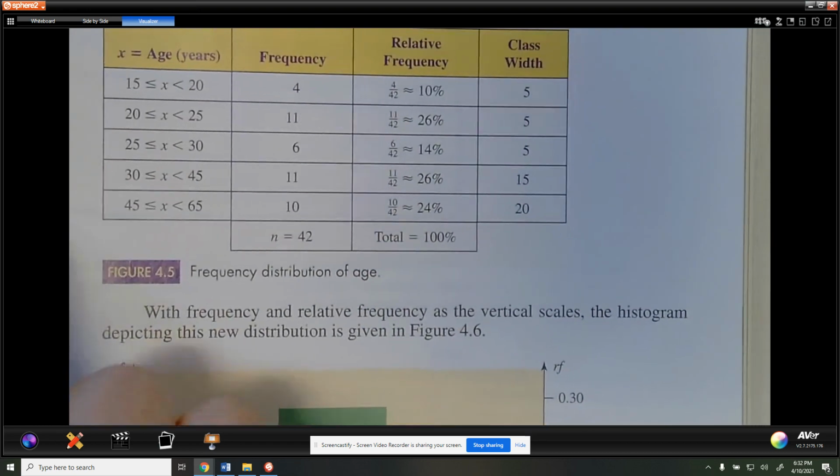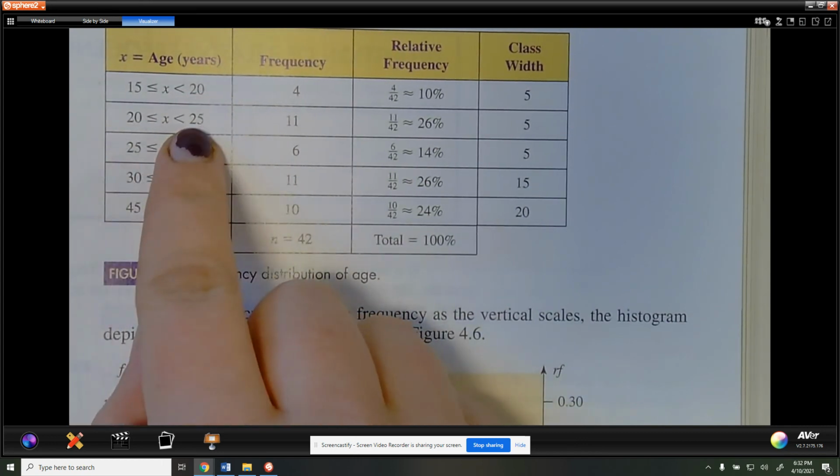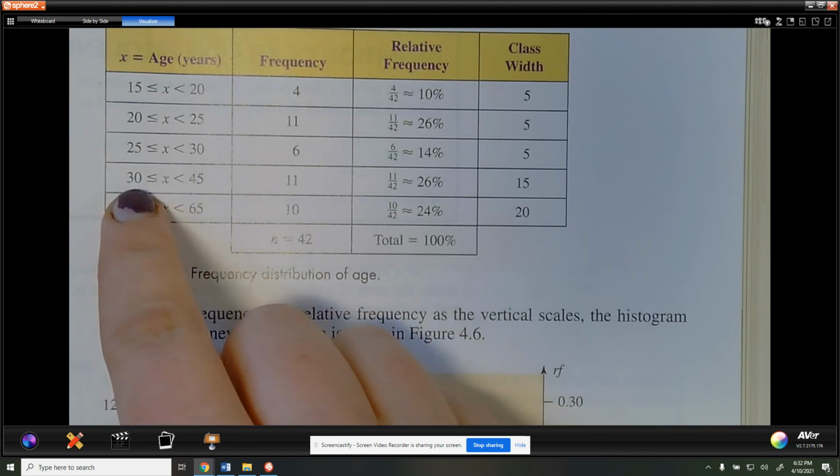Let's say we considered the ages 15 to 20 and then 20 to 25. So those are all by 5, right? 25 to 30. But then we grouped 30 to 45.